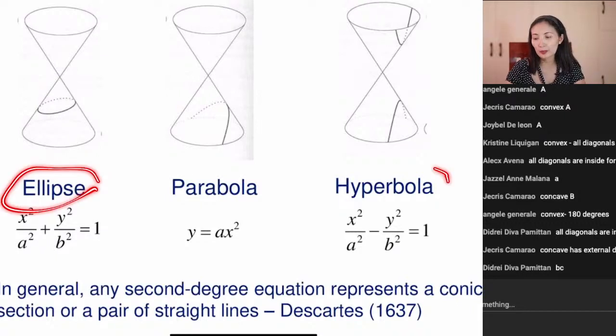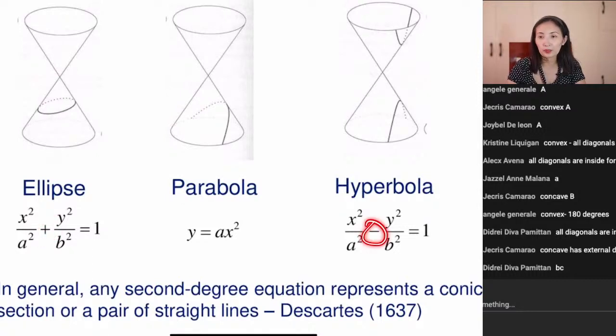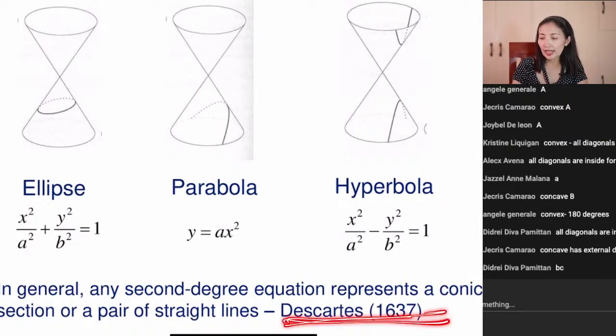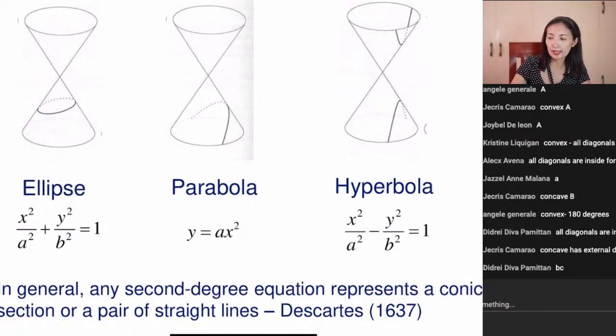What's the difference between the two? This is addition. For hyperbola, we have subtraction. So you have x squared over a squared minus y squared over b squared equal to 1. So Descartes showed that any second degree equation represents a conic section or a pair of straight lines.